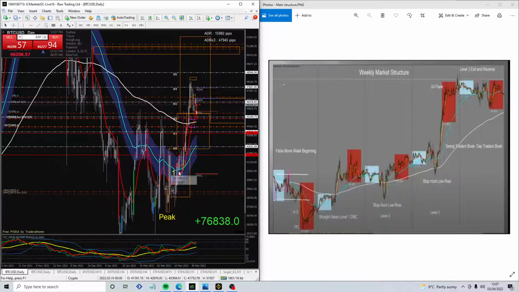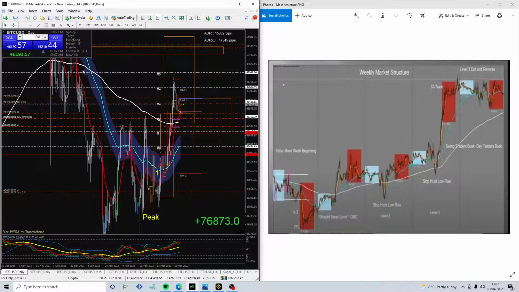So I drew it from when it were down here, and it had a 26k ADR up here because of the violent move, and Bitcoin's violent, so I think it's going to stay within that violent ADR. So, and then I drew the last box as a 3 times ADR.